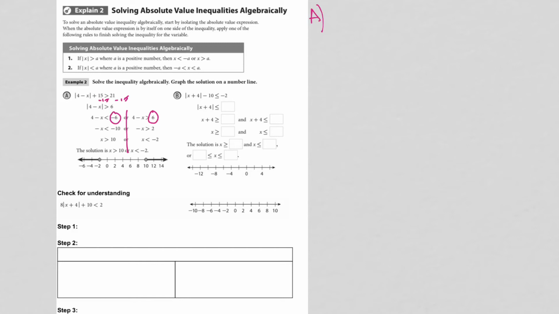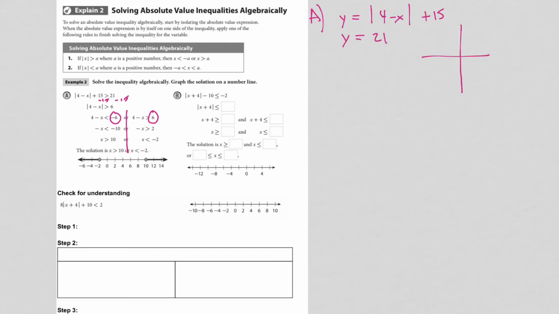And if they did use Desmos, right, they would type in y equals the absolute value of 4 minus x plus 15. That would be one equation they would type into Desmos. And then the other one would be y is equal to 21. And then this would result in a graph.